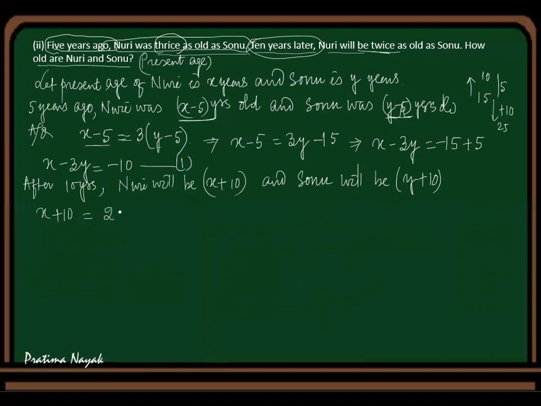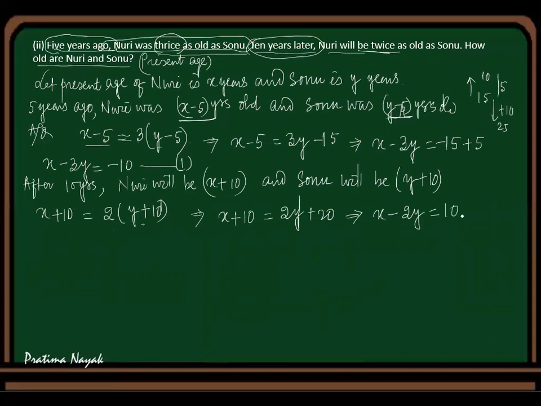Twice means 2 into Sonu, Y plus 10. So simplify this: X plus 10 is equal to 2y plus 20, or x minus 2y is equal to 20 minus 10.